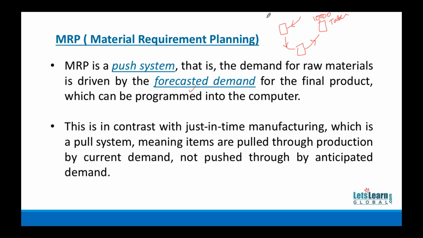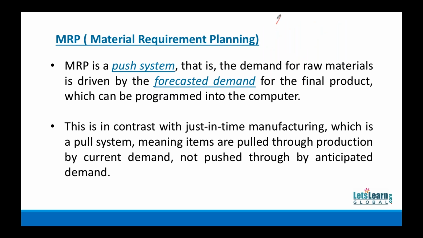So buy 10,000 tops, 40,000 legs, and 3,000 hardware kits. Maybe plus or minus, of course, so as not to have any shortage: 3,000 means 3,500, 40,000 means 42,000, and 10,000 tabletops maybe 10,200, but in the right order and right quantity.